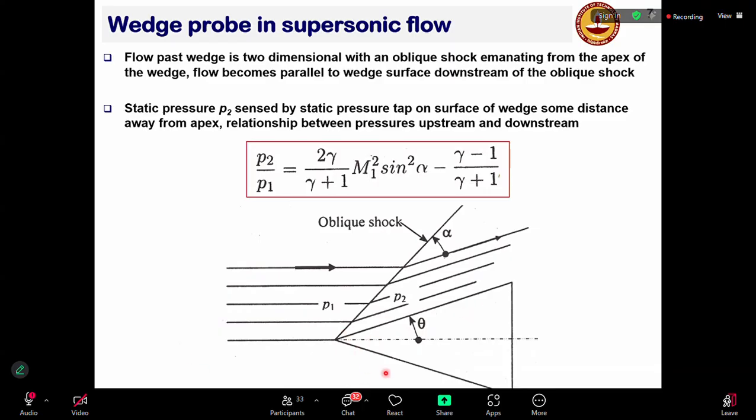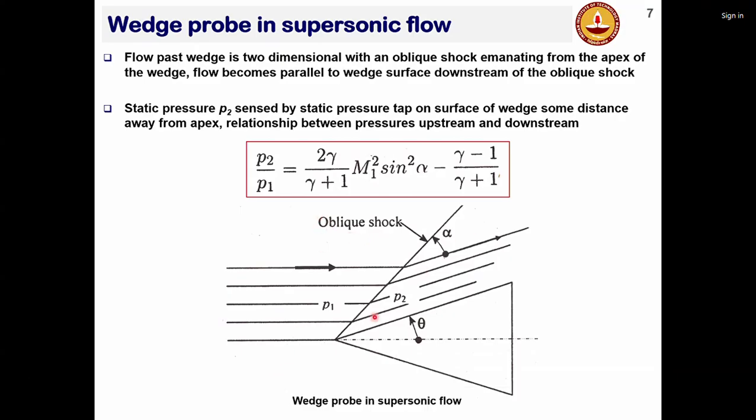In case of a wedge-shaped object, you would encounter what is called an oblique shock. The shock would be straight, but at an angle with the flow direction. So this shock wave is called oblique shock because this is at an angle.